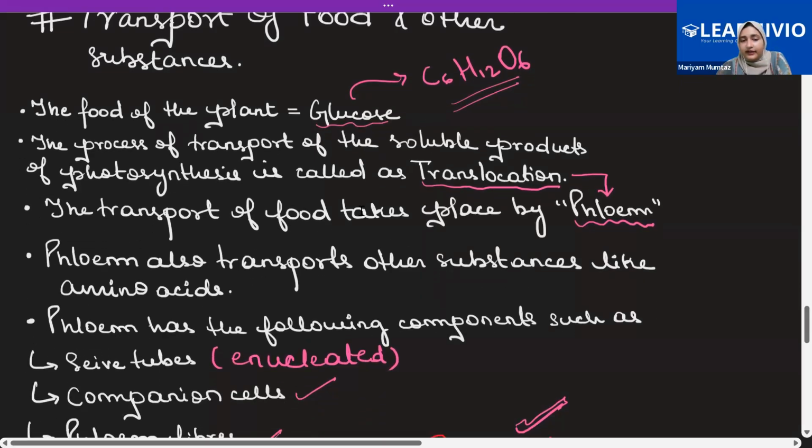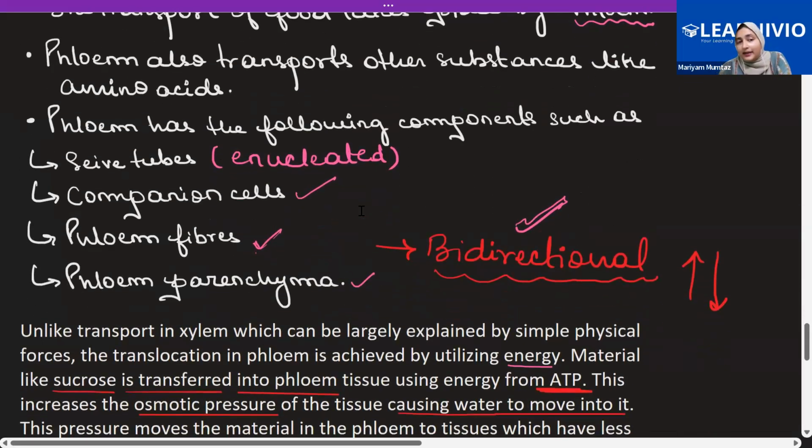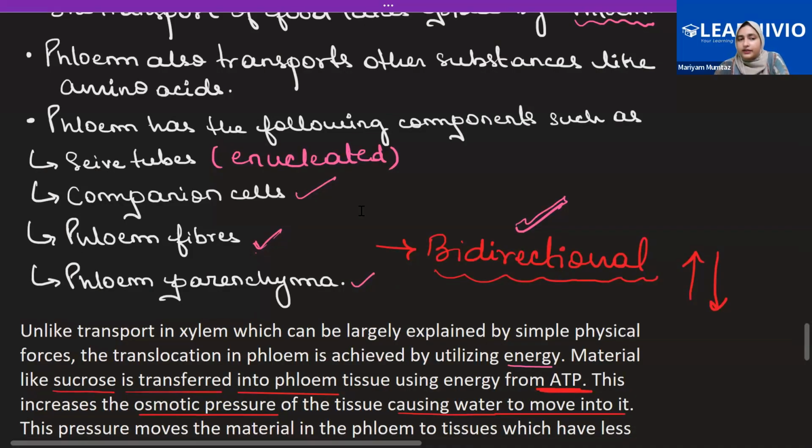Now, just like xylem had four components, the phloem also has four components: the sieve tubes, the companion cells, phloem fibers, and phloem parenchyma. Remember that the sieve tubes do not have a nucleus. They are enucleated. They do not have what?